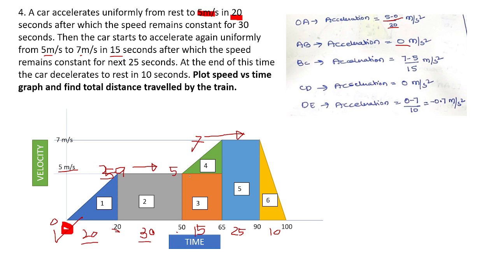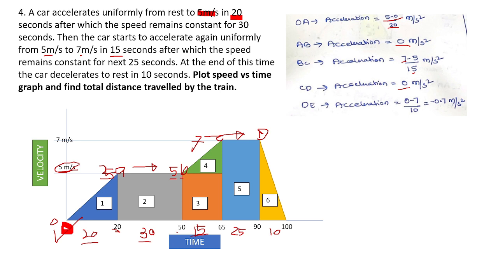Now for BC, this is B, and this one is C. The final velocity is 7, and at B the velocity is 5, so you have 7 minus 5, and the total time here is 15. Velocity over time becomes meters per second squared. Then CD, this is your D. Of course, the acceleration is zero.